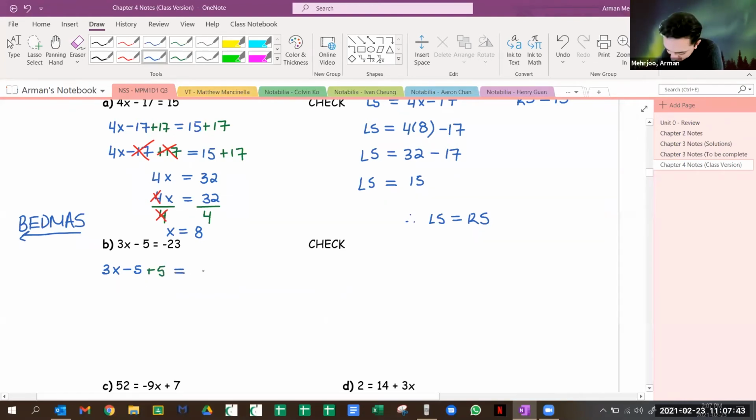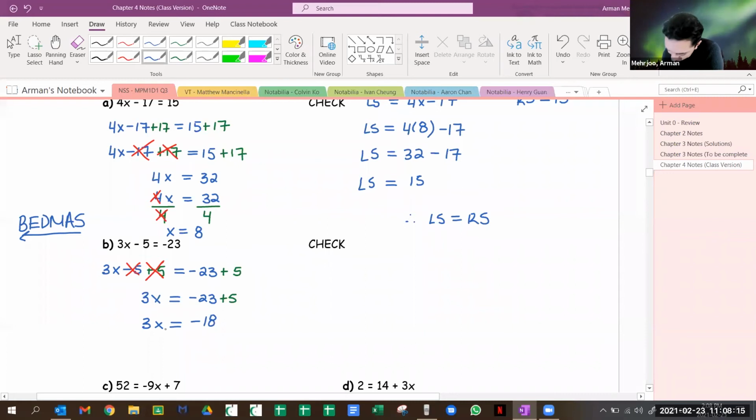And I have to make sure I add 5 to both sides. This minus 5 and this plus 5 are going to cancel off. And I'll be left with 3x equals negative 23 plus 5. Negative 23 plus 5 is negative 18.